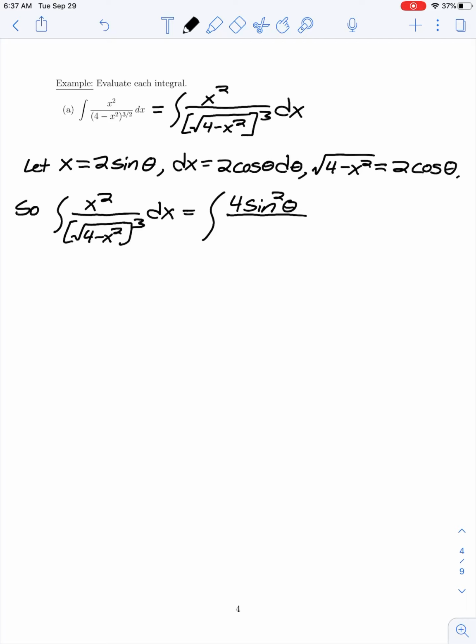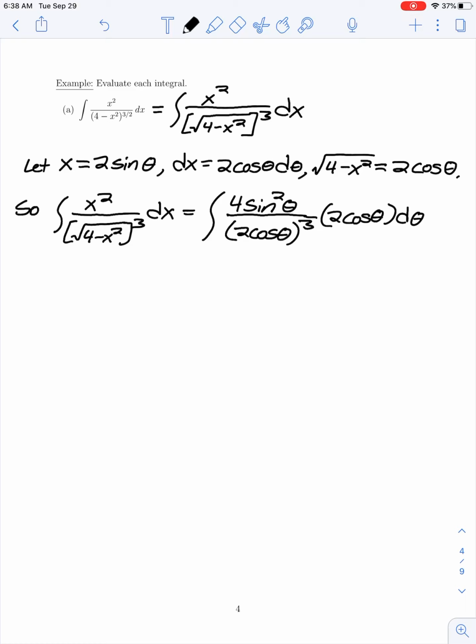And then our denominator, well, we said this square root of 4 minus x squared is 2 cosine of theta. And then we're cubing that expression. And on the end, we have a dx, which was 2 cosine of theta d theta.